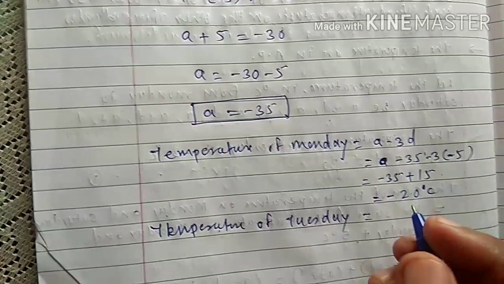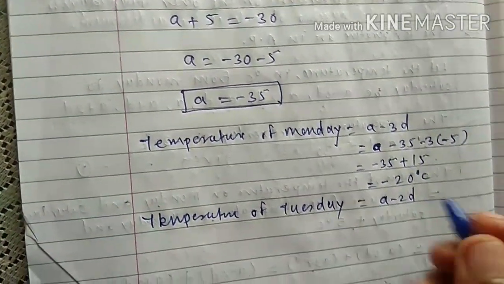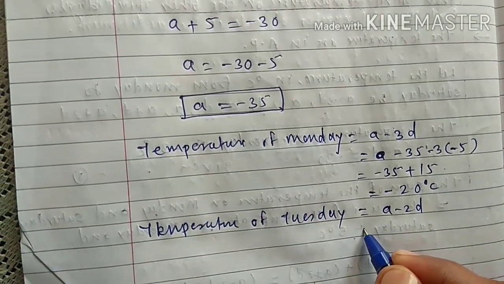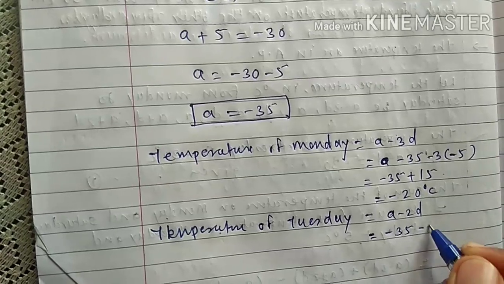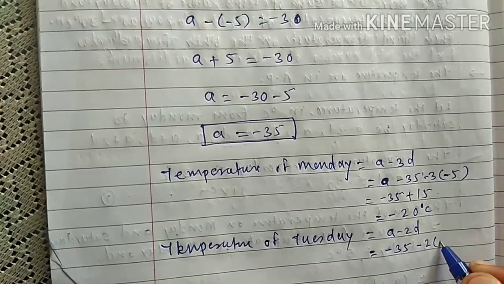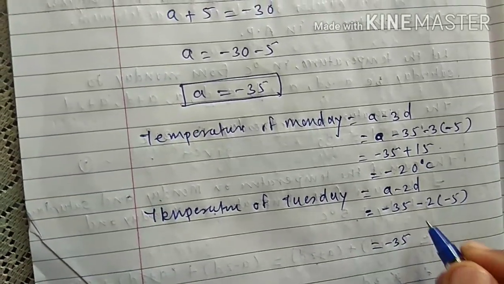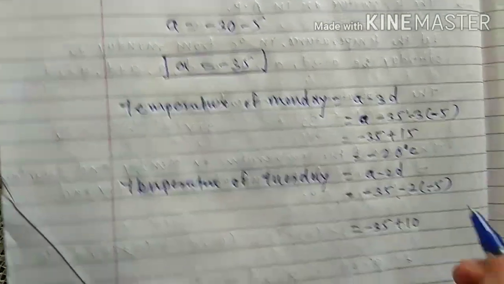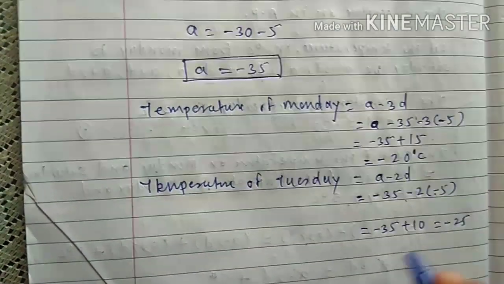So temperature of Tuesday. What is the temperature? A minus 2D. So A is equal to minus 35 minus 2, D is minus 5. So minus 35 minus minus plus, so plus 10 is equal to minus 25.